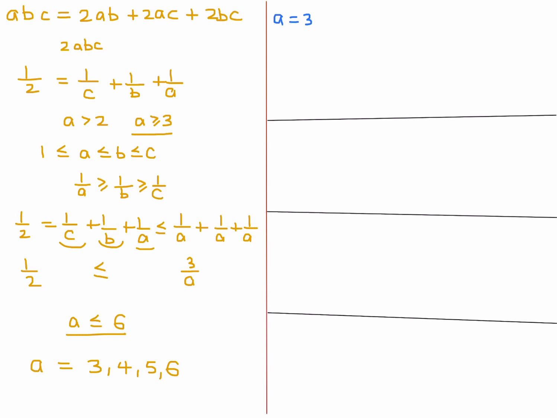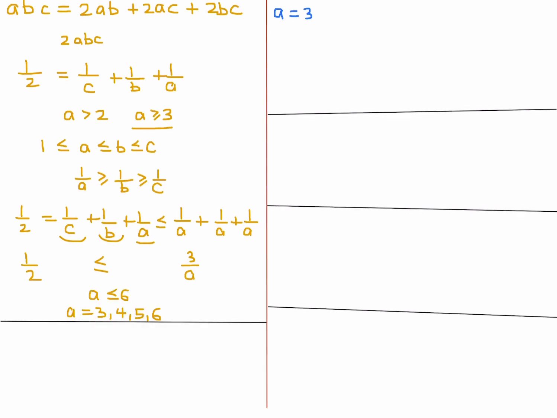we need a system to figure out the values of B and C. You can substitute it in here and figure it out, but that would take a little bit of casework or might be very time consuming. So what I'll do is try to come up with something that I think might help and proceed from there. From the top we have ABC is equal to 2AB plus 2AC plus 2BC, right?